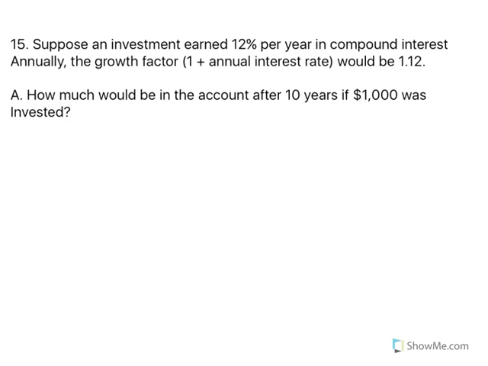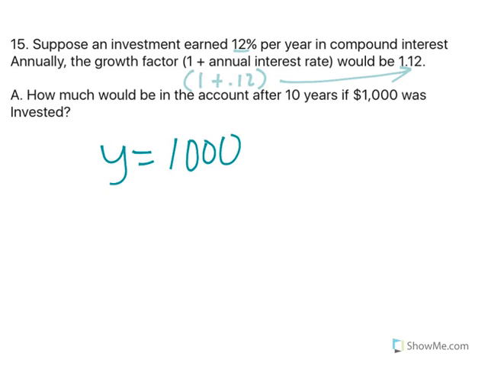Now let's apply this. Suppose an investment earned 12% per year in compound interest annually. The growth factor would be 1 plus 12%, which is 0.12, and it gives me 1.12. So how much would be in the account after 10 years if $1,000 was invested? Well, initial amount, growth factor, time.